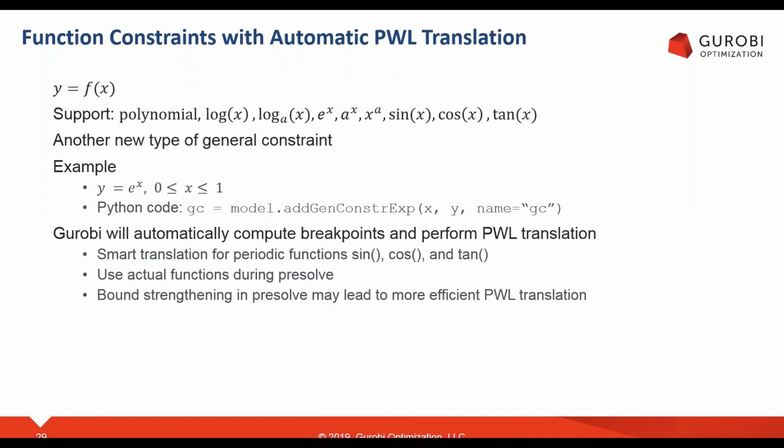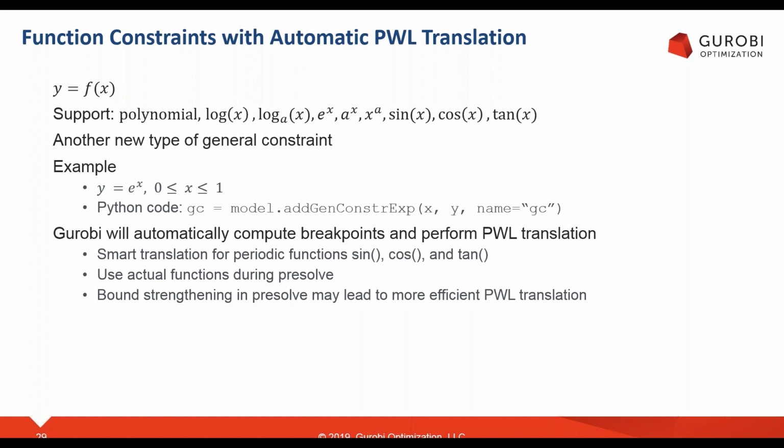So now on top of this piecewise linear constraints, we have added an API that allows you to explicitly state certain nonlinear functions in a single variable. So we support polynomials, logarithms, exponents, and then sine, cosine, and tangent. So this is yet another type of general constraint, just like the piecewise linear constraints.